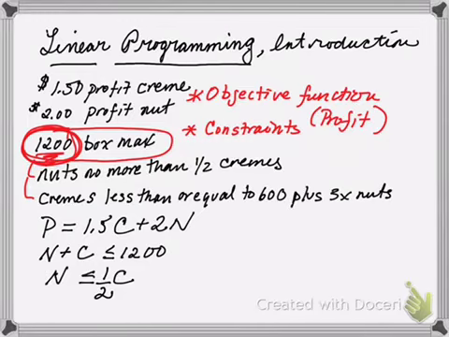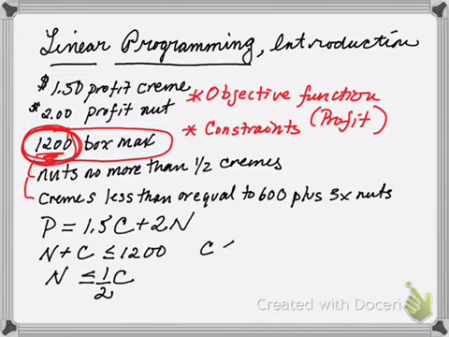And then the last one is that the creams must be less than or equal to, the production level for chocolate creams must be less than or equal to 600 boxes plus 3 times the production level for the nuts.